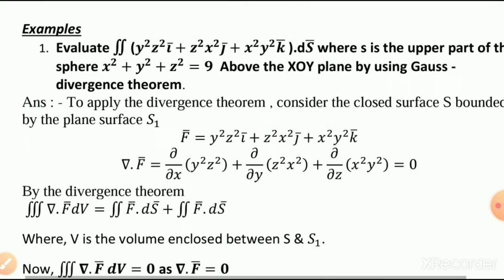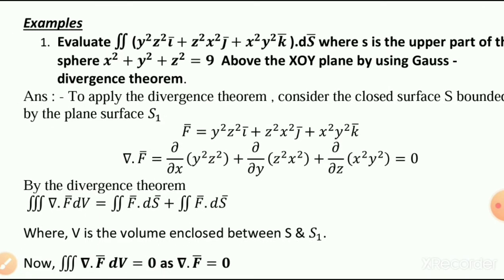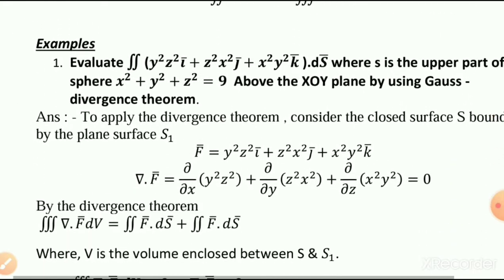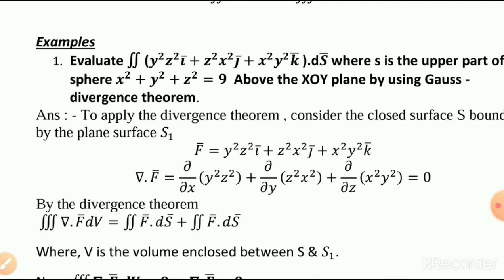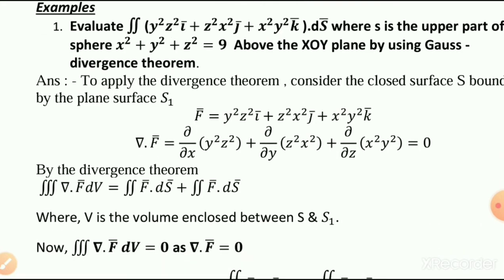Now for Gauss divergence theorem, we find the divergence of f bar, which is equal to partial derivative with respect to x of the first part, the coefficient of i bar, plus partial derivative with respect to y of the second portion, plus partial derivative with respect to z of the last part.